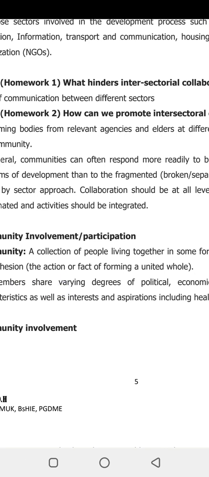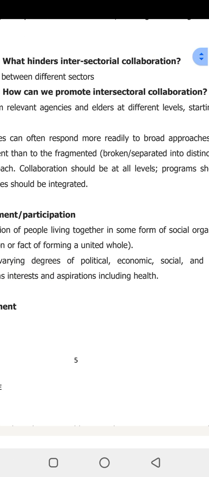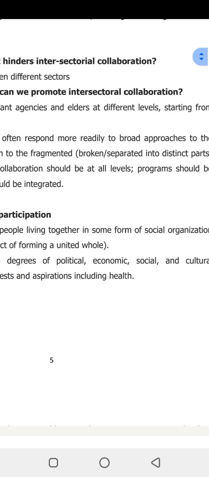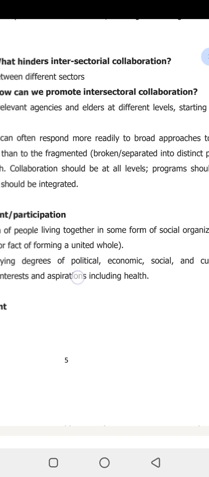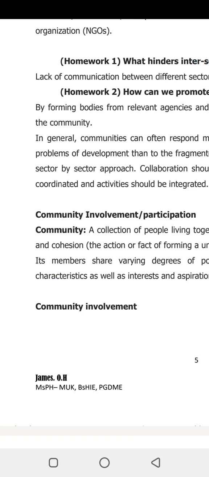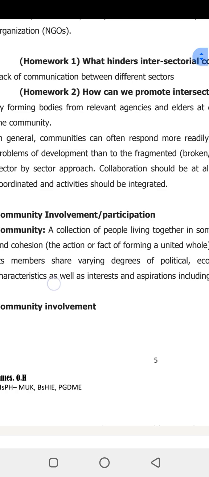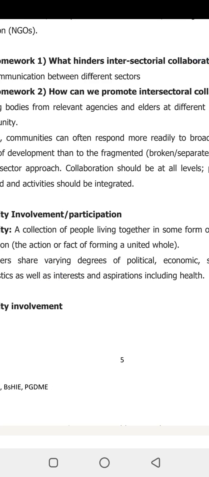But here is the definition. A community is a collection of people living together in some form of social organization and cohesion. In brackets, the action or fact of forming a united whole.